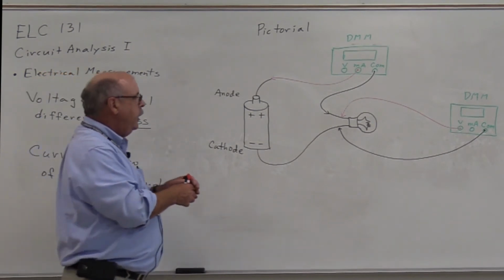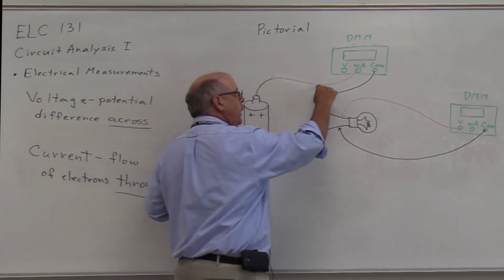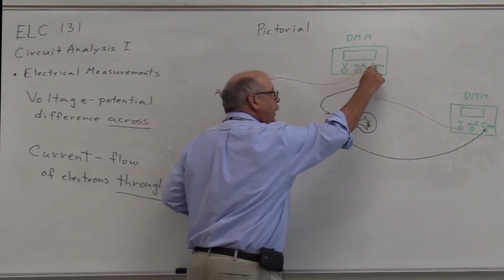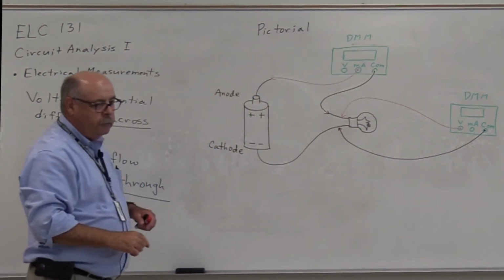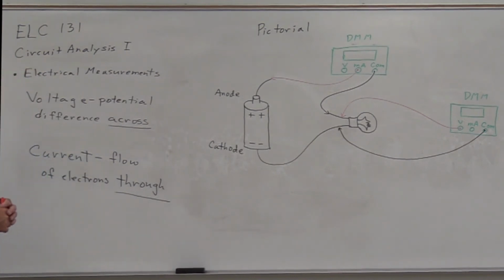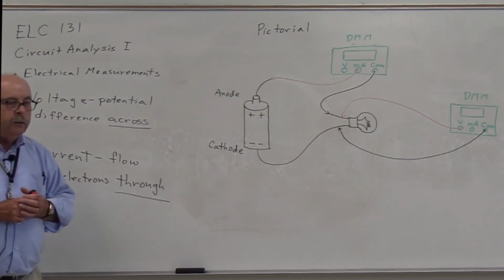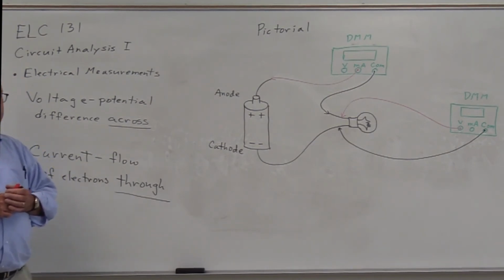So the current has to flow into the meter and out of the meter in order to flow through the load. So the ammeter has to be connected in line with, or what we'll term later in series with, the load in order to measure the current flow through the load.